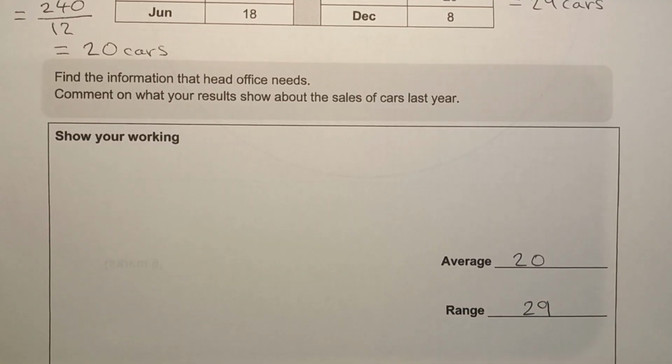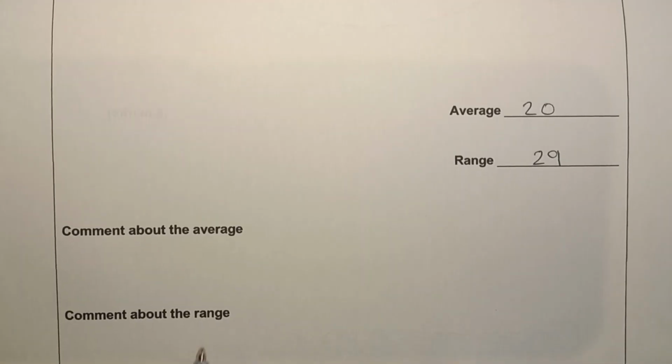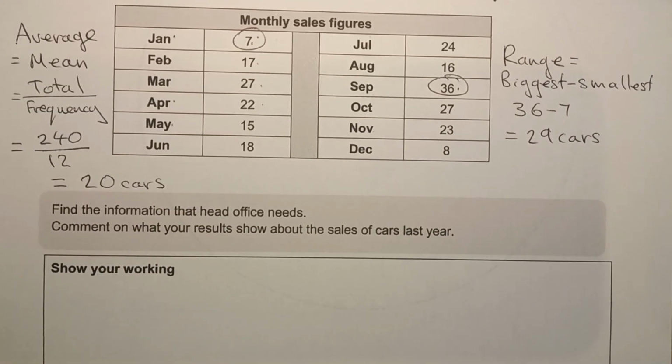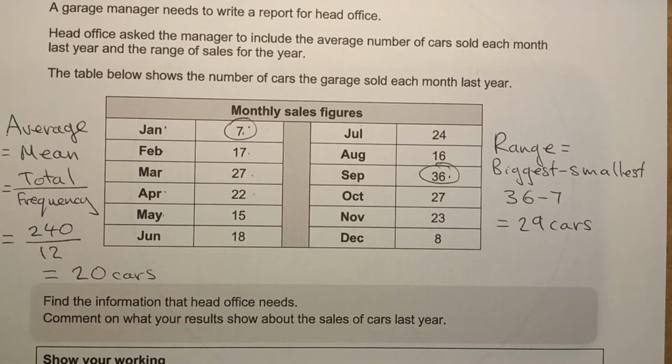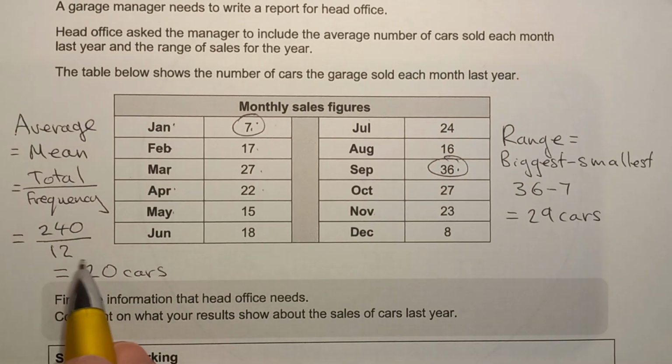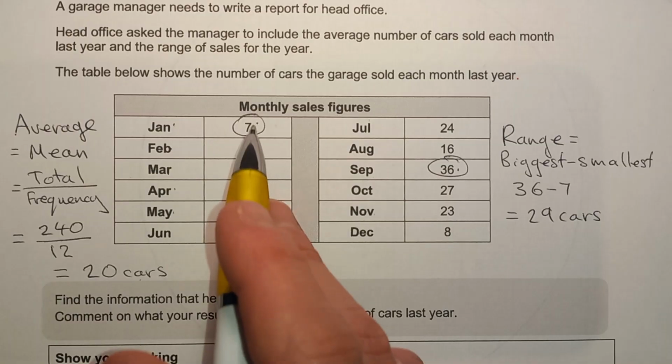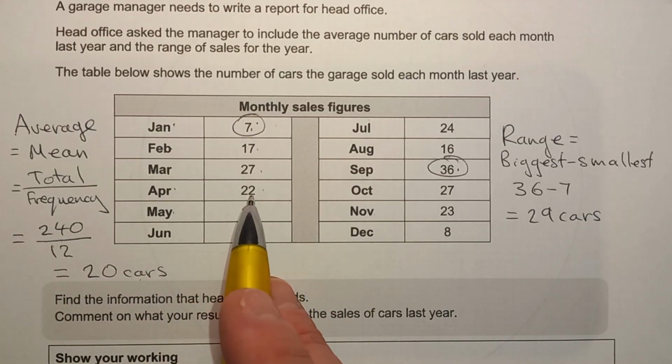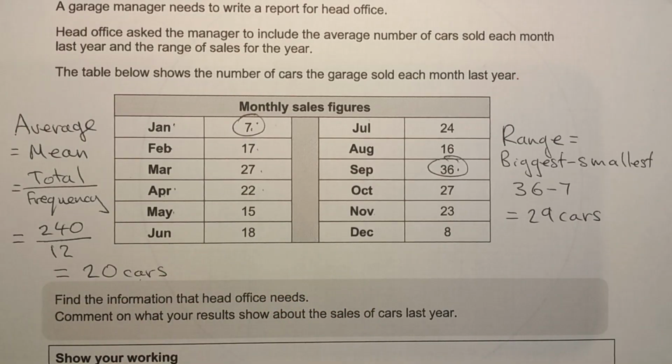We want a comment about the average and a comment about the range. So you don't want to overthink it too much. Well, we've got an average of 20. So if we maybe look at the month that's closest to 20, April.